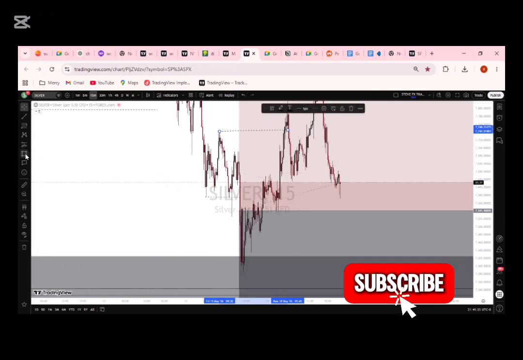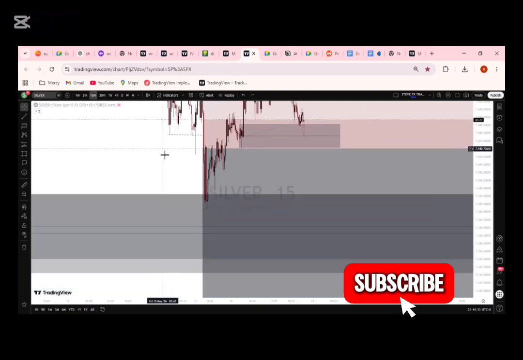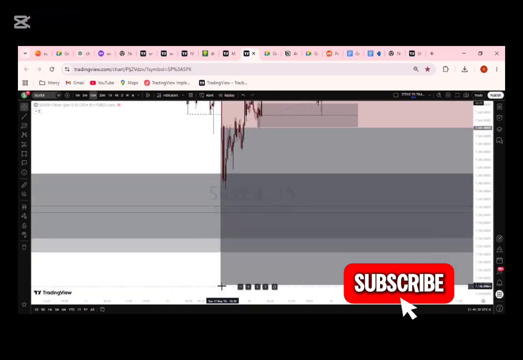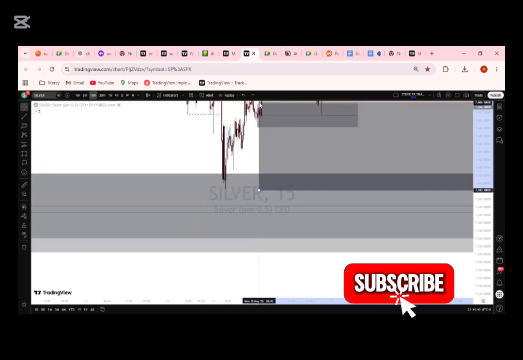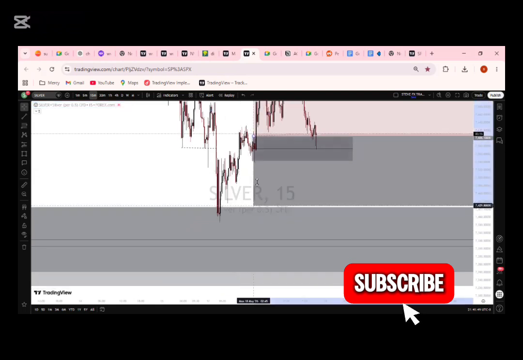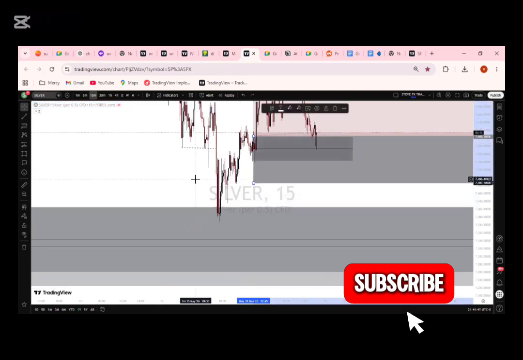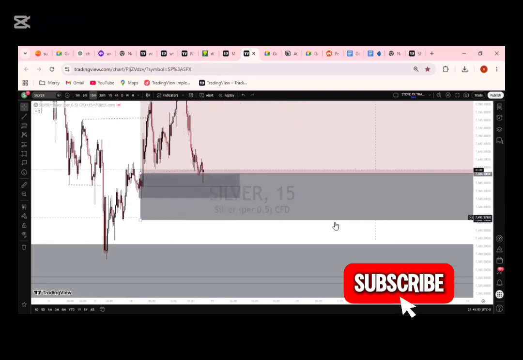Then we look out for our entry point. Now we are having an order block around this particular level. So this particular one then becomes our entry. We have our entry from this particular point, then our stop loss below.